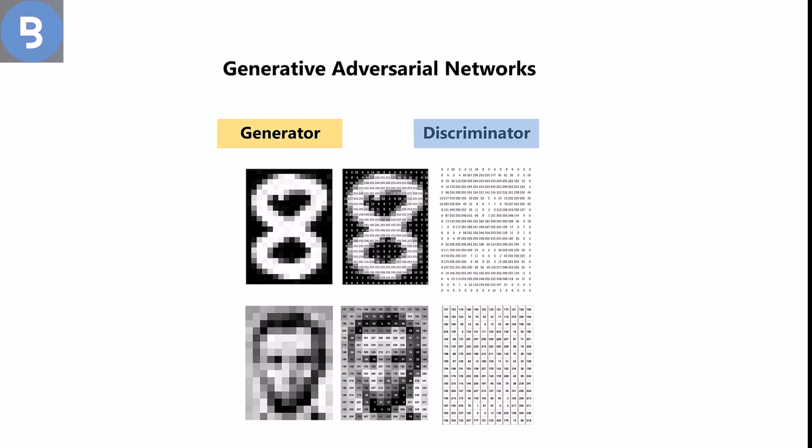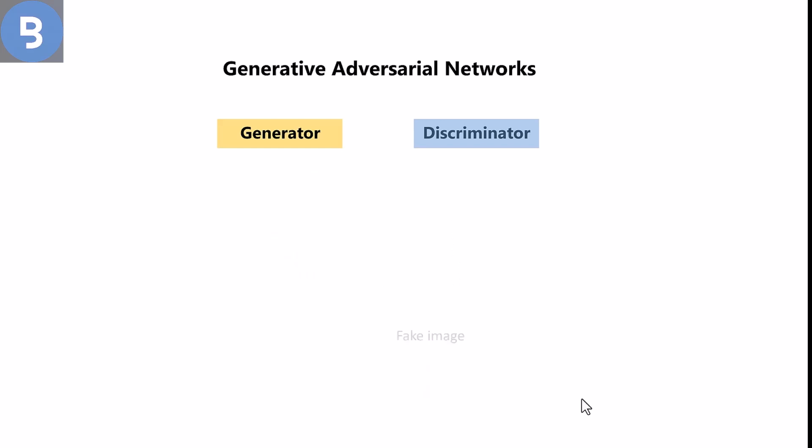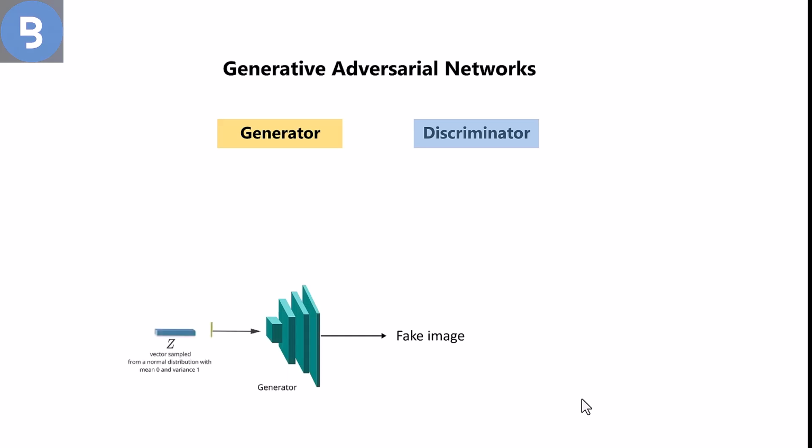So let's get back to GANs. The goal of GANs is to create fake images that resemble real ones. But how can GANs do this? The generator's job is to create fake images. We can imagine a generator as a function that has inputs and outputs. The input of the generator is a vector, which we call Z here, or noise.